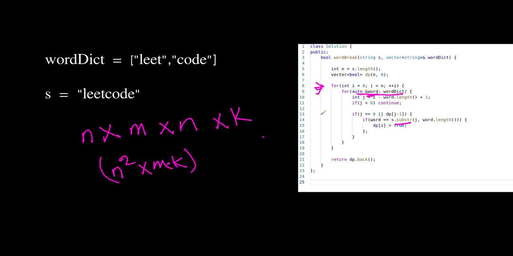For space complexity we reserve only this table, so the space complexity is n.